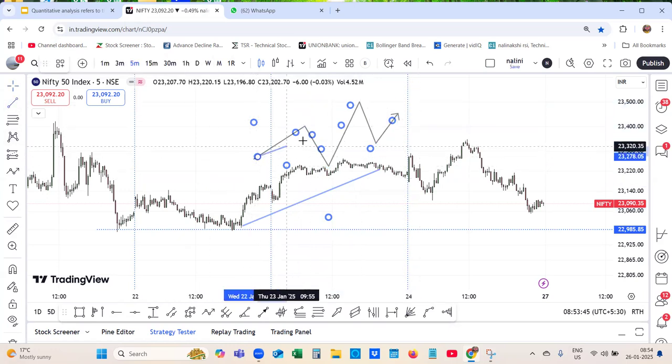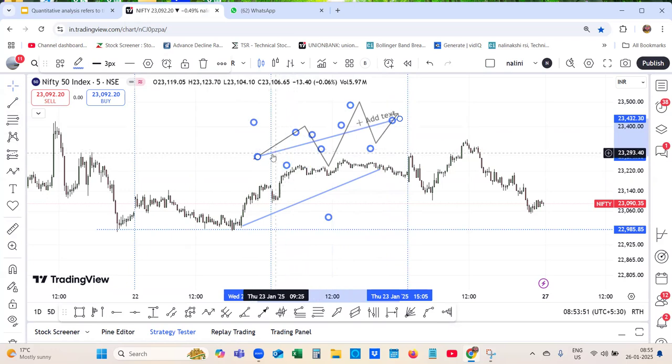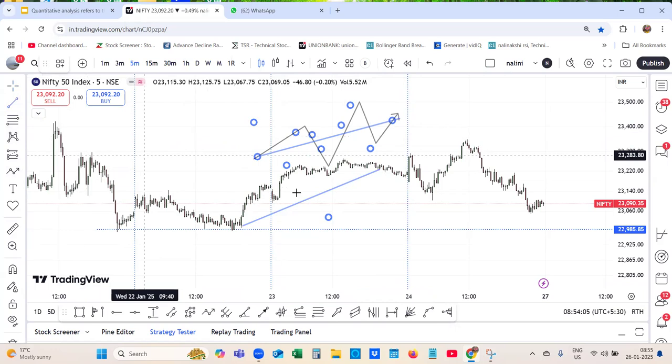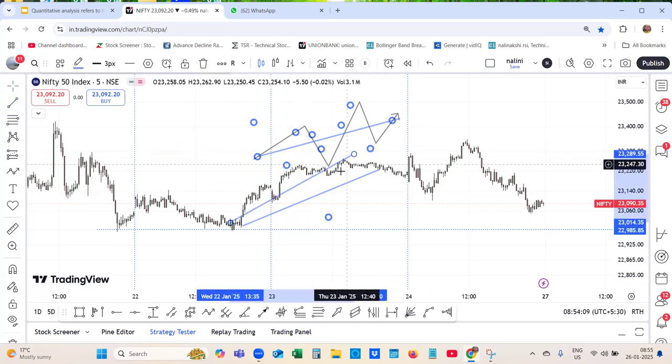I'm not going into the detail of the calculation of the least squares method. It takes all these scattered data points and gives a best fitting line. So if I take this, it is not a trend line.